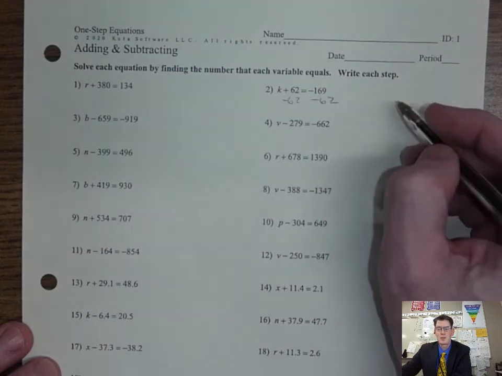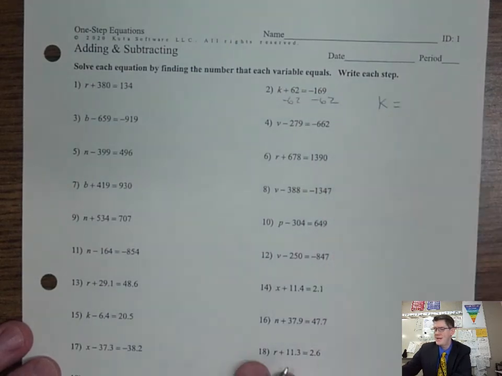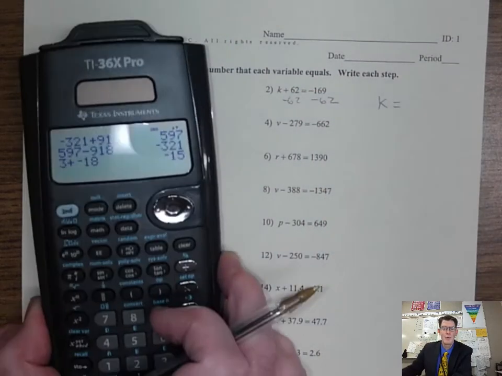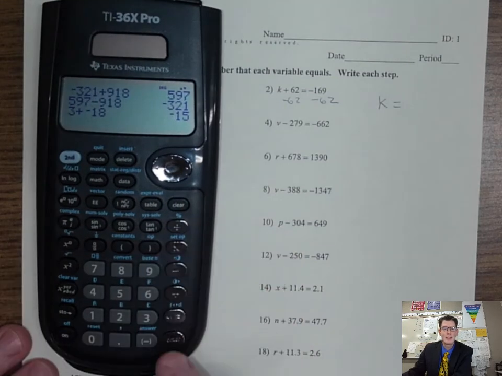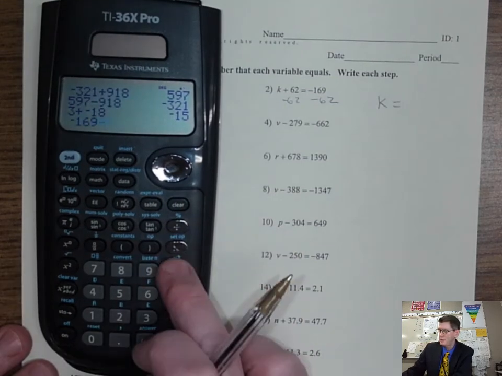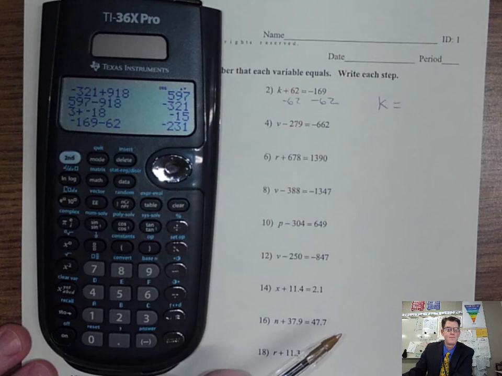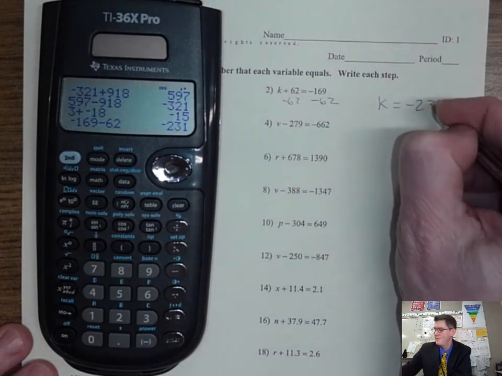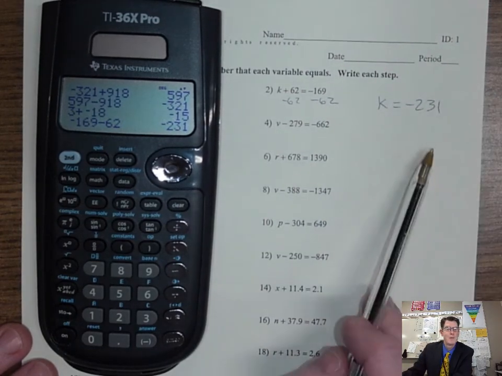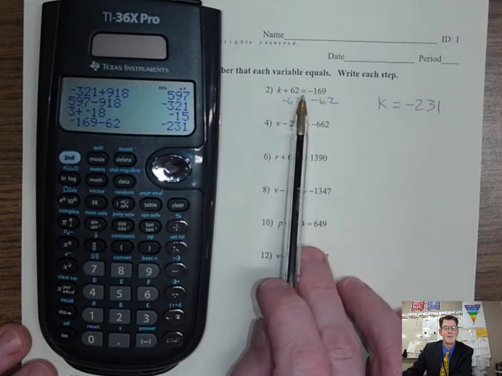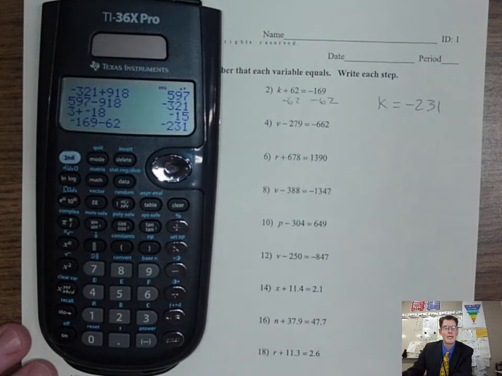This part goes to 0, so on the one side I have k equals whatever negative 169 minus 62 is. And I'm at negative 231. If you want to check your work, you can put that negative 231 back in for the variable.